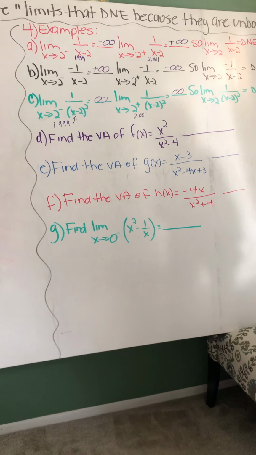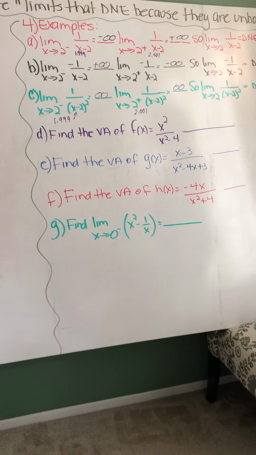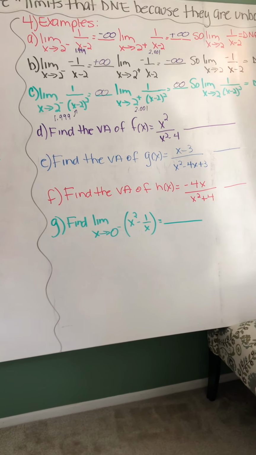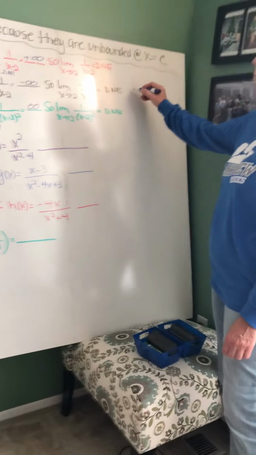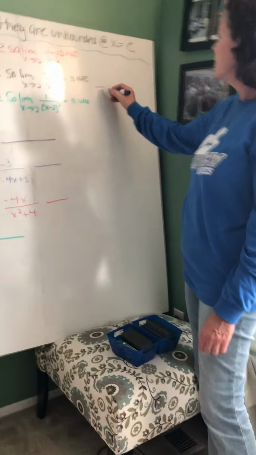In case you're confused why 1 divided by, or any constant divided by a very, very small number approaches infinity, let's look at that over here. Let's do 1 divided by 1, that's 1. Let's do 1 divided by 0.1. How many 0.1s are in 1? This is 1/10, there's 10.